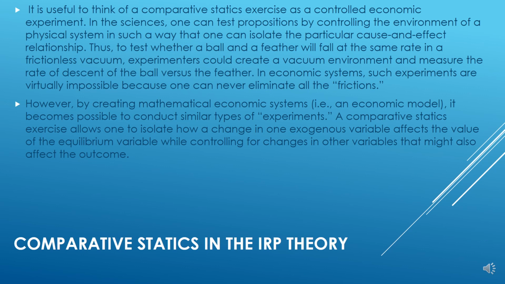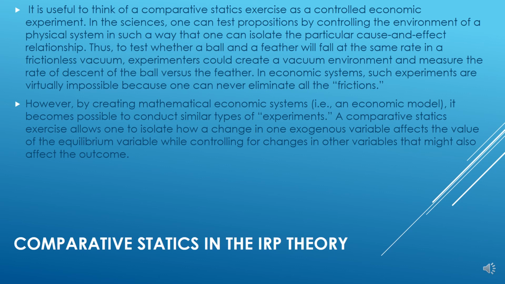Now, it is useful to think of a comparative statics exercise as a controlled economic experiment. In the sciences, one can test propositions by controlling the environment of a physical system in such a way that one can isolate the particular cause and effect relationship.